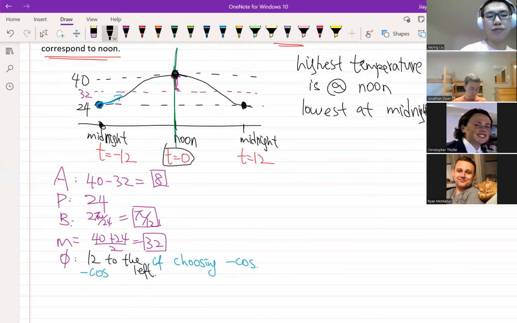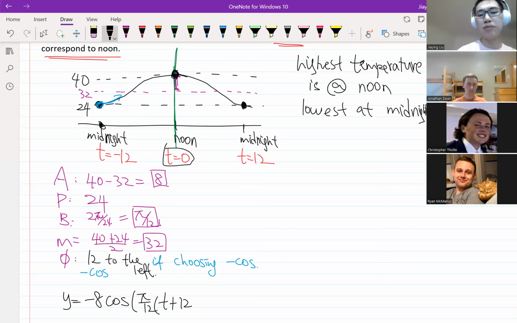So now I have all the values I can put into the function. So y equals 8, but it's negative cosine, so negative 8 cosine, parentheses, b, which is pi over 12. And then it's going to be t instead of x, but it doesn't make a difference. Minus, but it's 12 units to the left, so it's t plus 12, minus t minus negative 12.